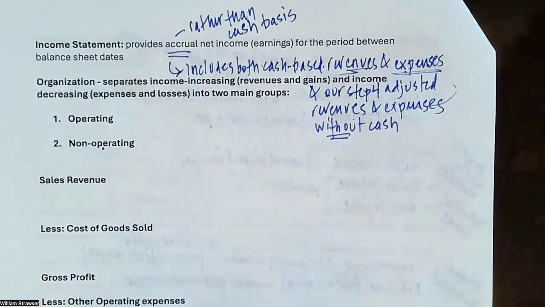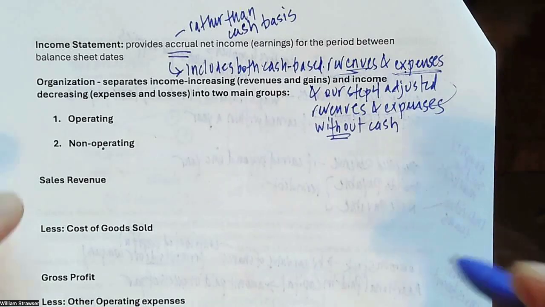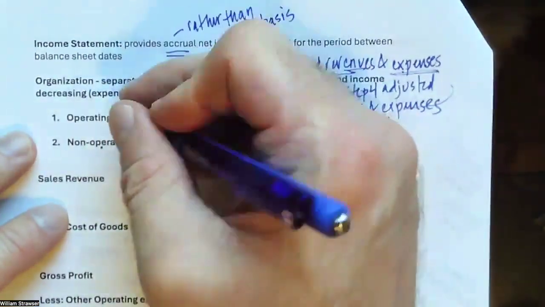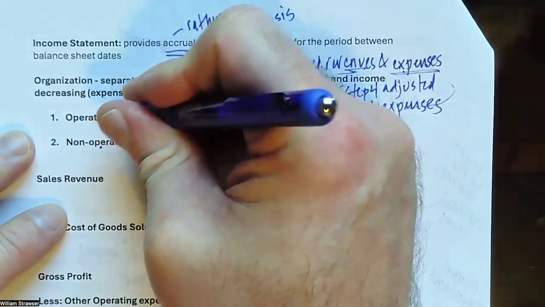Operating and non-operating activities. So once we have all our revenues and expenses, which we do when we have the adjusted trial balance, we separate them into these two groups. Operating are expenses and revenues that are recurring and consistent.